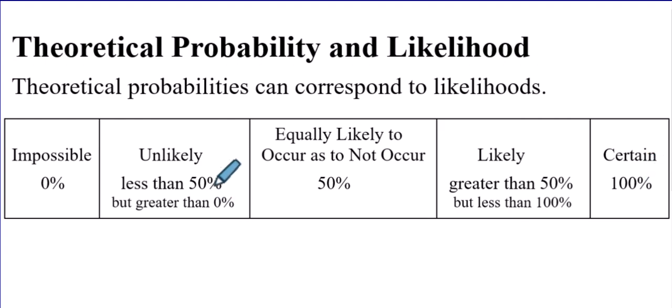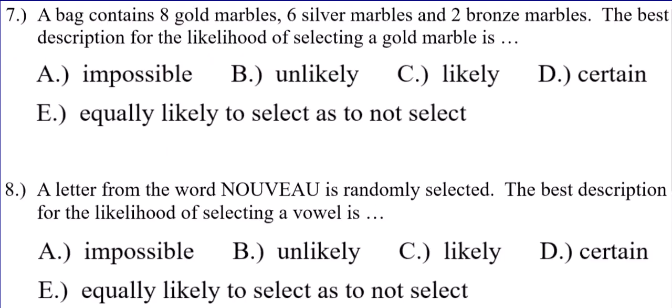Well, if it's less than 50% but greater than 0%, we're going to call that unlikely for probabilities. And if it's greater than 50% but less than 100%, we're going to say that that was likely to occur. And then, as you would probably think, equally likely to occur as to not occur, we're talking about a 50% probability.